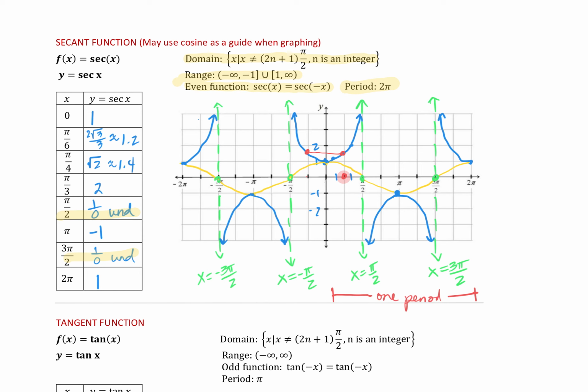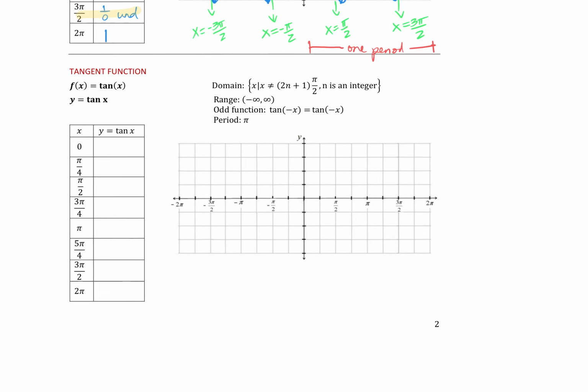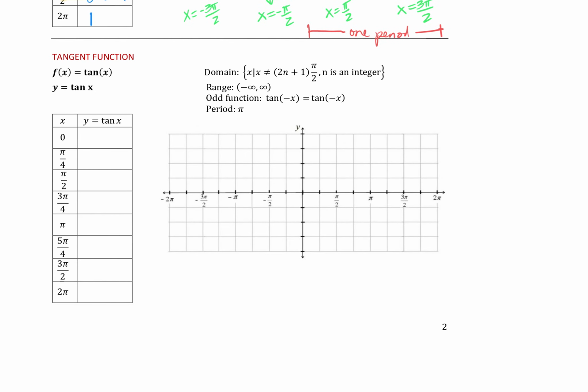But again, tangent, like the other functions that we've looked at so far, has a variable in the denominator. So remember that our tangent function is equal to sine over cosine or y over x. So wherever x is 0, we are going to have asymptotes.